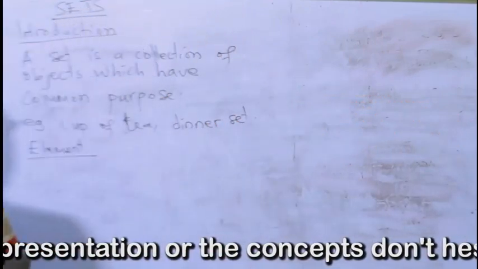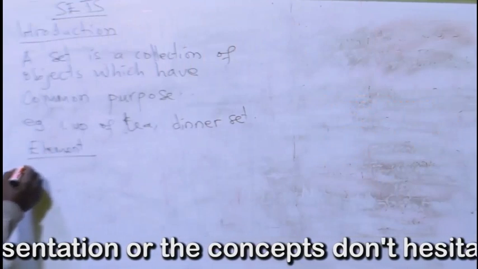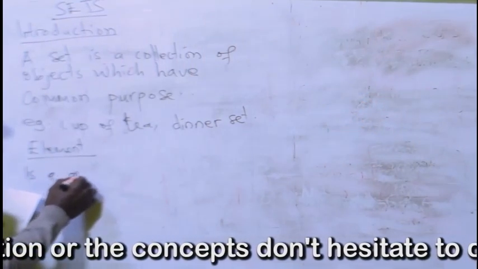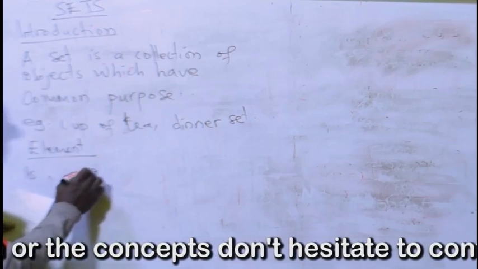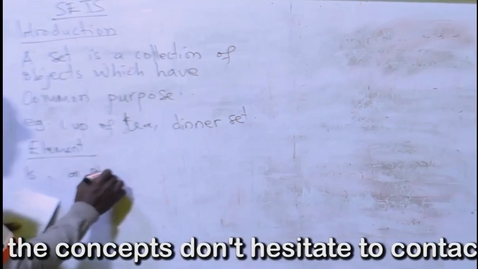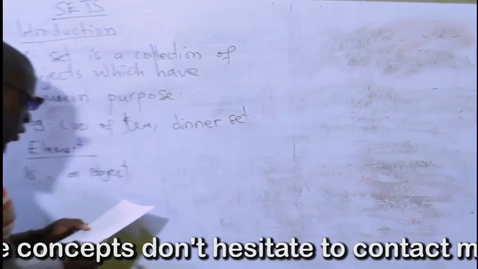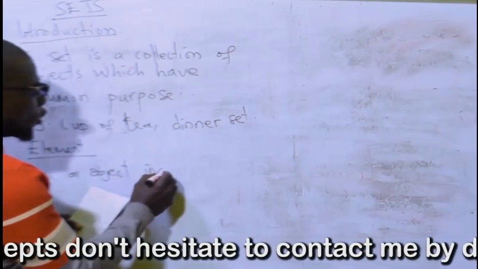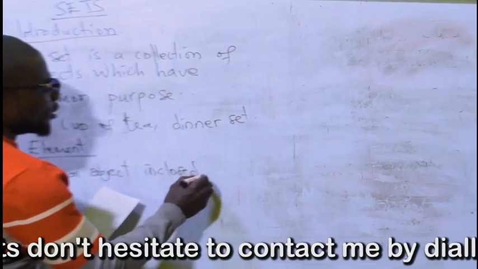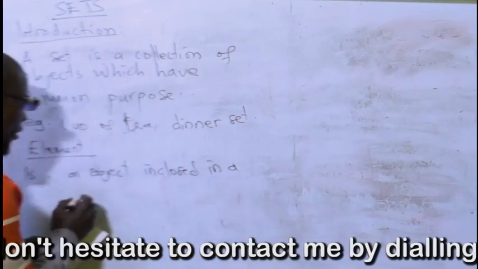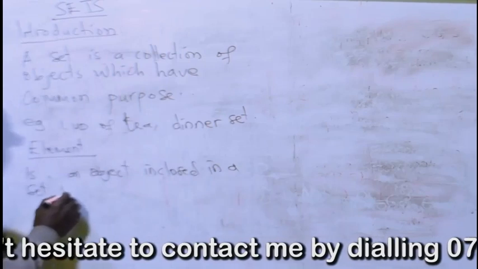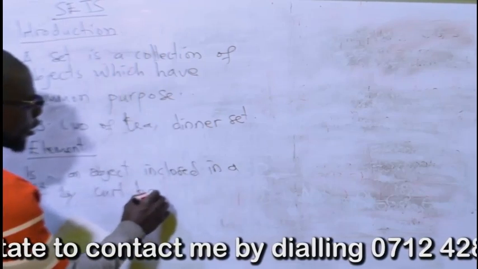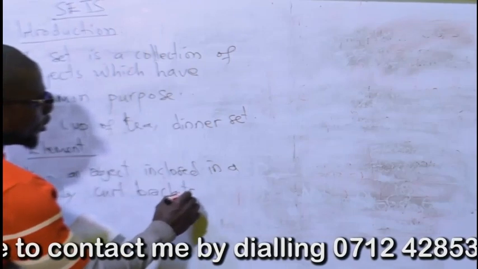So we can say an element is an object enclosed in a set by curly brackets.